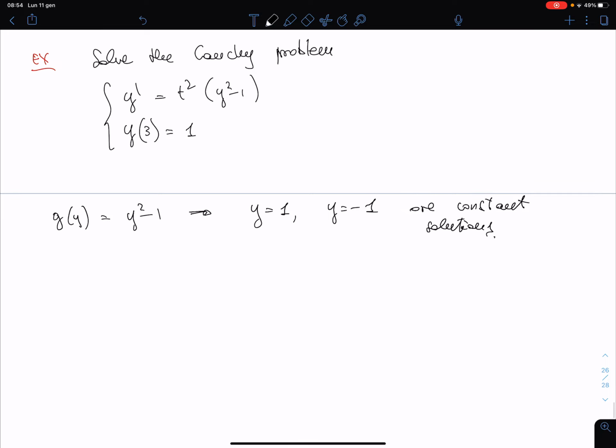So this solution satisfies the initial condition. And now you use the uniqueness.